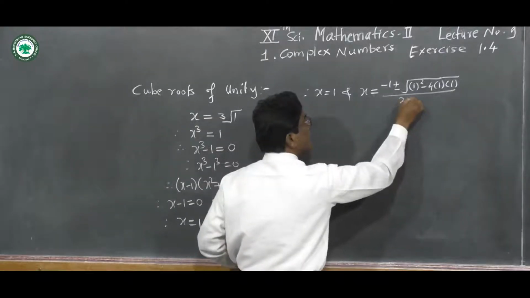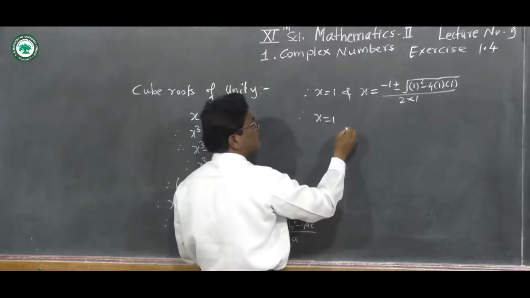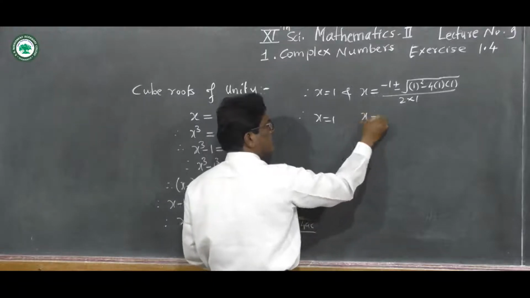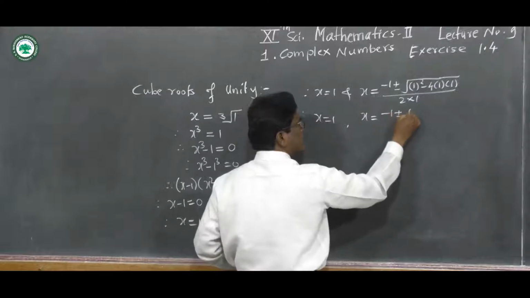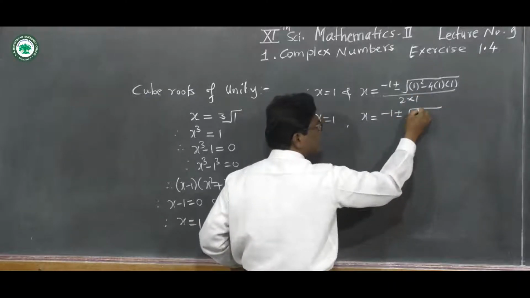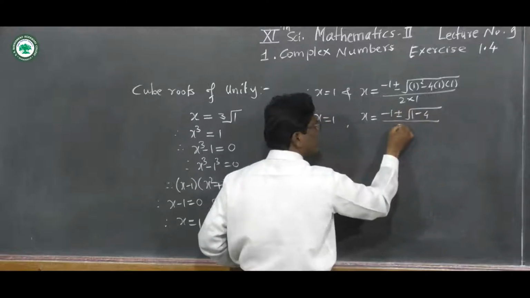So 2 into 1. So we get here x is equal to 1 or here x is equal to minus 1 plus or minus under root of here 1 square is 1, minus 4 into 1 that is 4, divided by 2 into 1 that is 2.